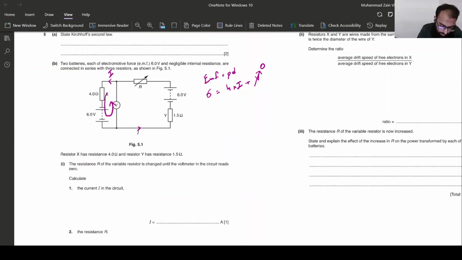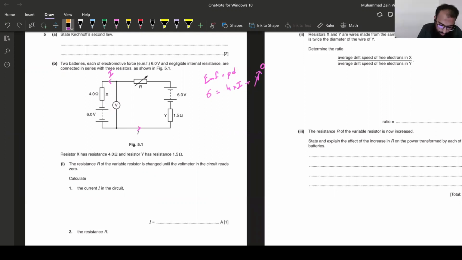So did everyone follow this? What was happening in this question? This was my loop. Or let me draw it in a better way. This was my loop, and I know that the potential difference across this voltmeter would be equal to 0, meaning that all the EMF of this 6 volt battery was going into this 4 ohm resistor.